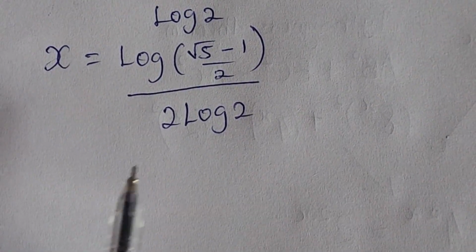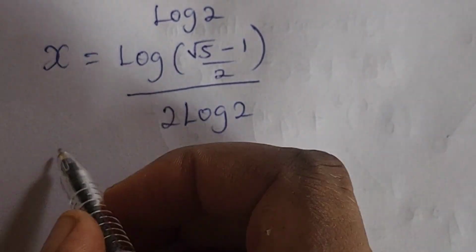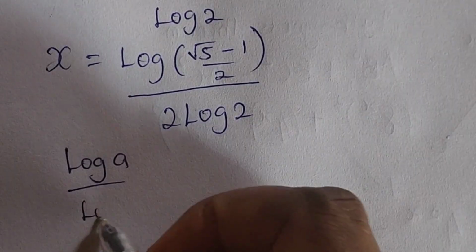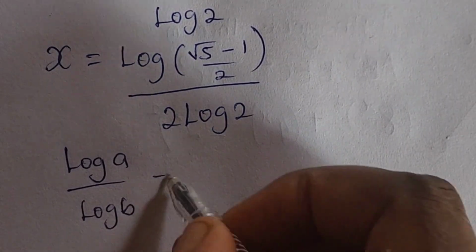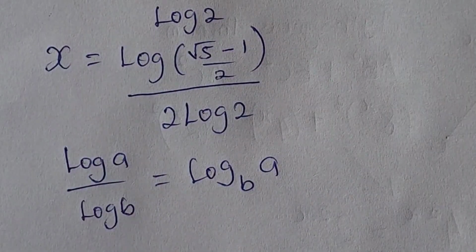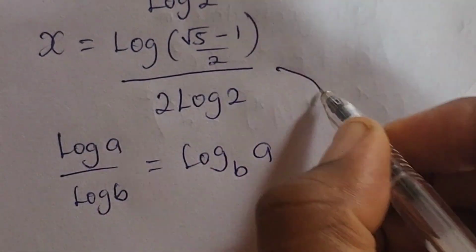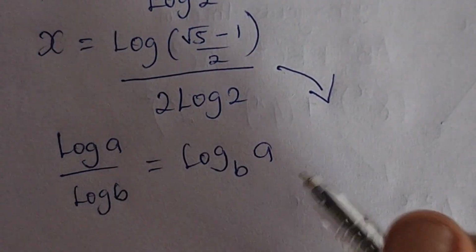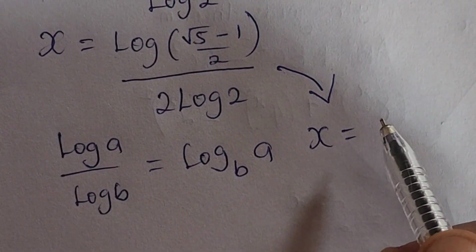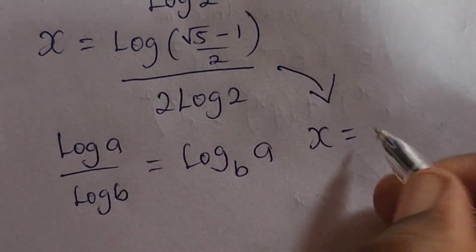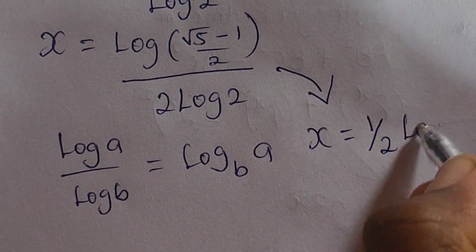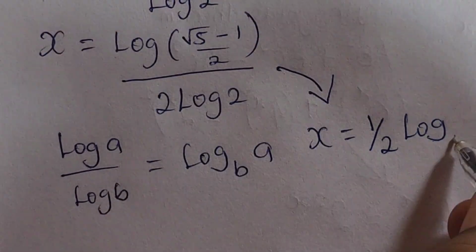But from log of indices, when we have log of A over log of B, this is the same as log base B of A. So our x can become x is equal to 1 over 2, when we factor out 1 over 2, times log base 2.